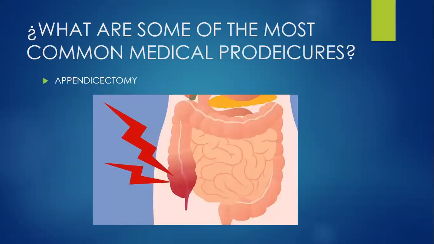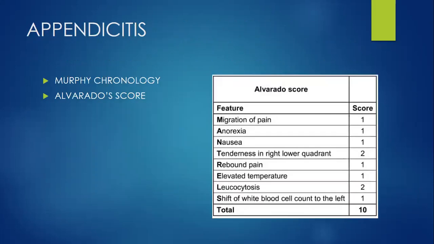So what are some of the most common surgical procedures? For example, one of the most common ones would be appendectomy, right? Does anybody know about Murphy's chronology? Especially senior students.